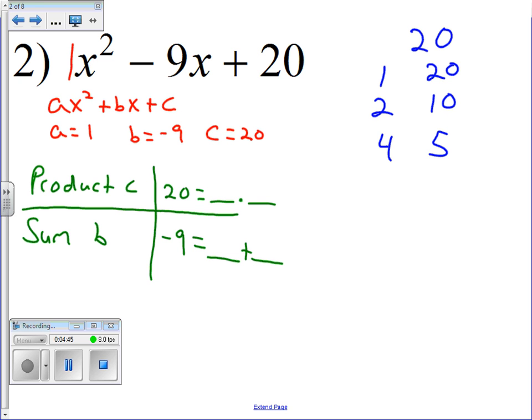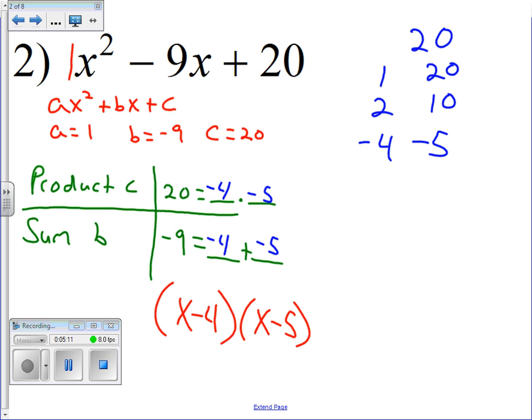What happens if I make both of them negative? I get a positive 20 when I multiply them, and a negative 9 when I add them together. So my answer for this one is x minus 4 and x minus 5.